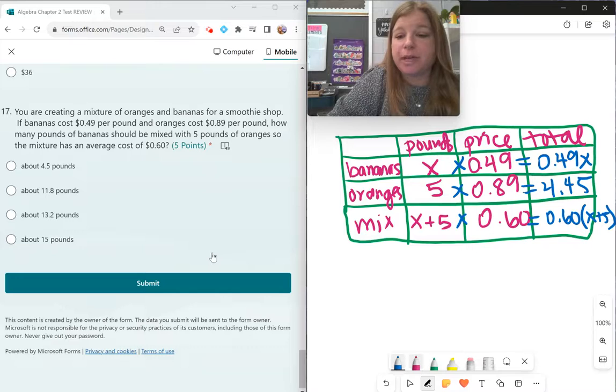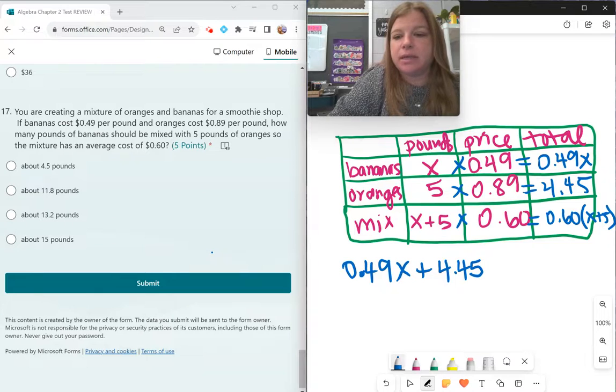So now what I do for my equation is I'm taking the total cost of bananas, 0.49x, plus the total cost of the oranges, $4.45. That should be equal to the mixture price of 0.60 times x plus 5.